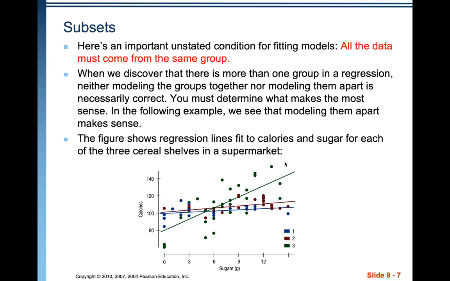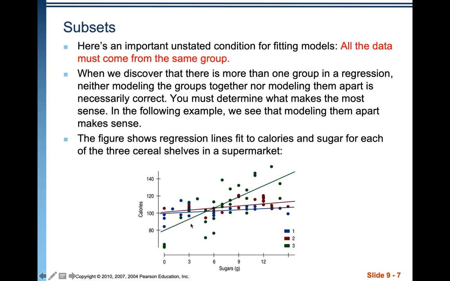All right, so if we look here at the figure we have, the different groups they discovered were found on different shelves of the supermarket. Group one is on the top shelf, group two is in the middle shelf, and group three is in the bottom shelf.